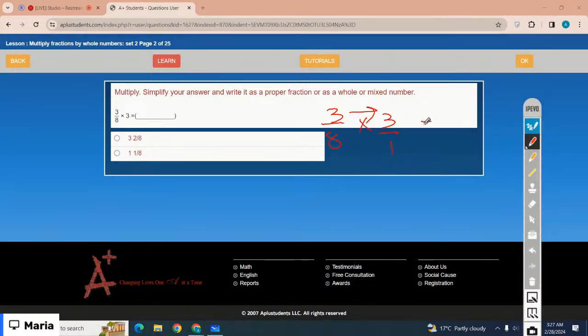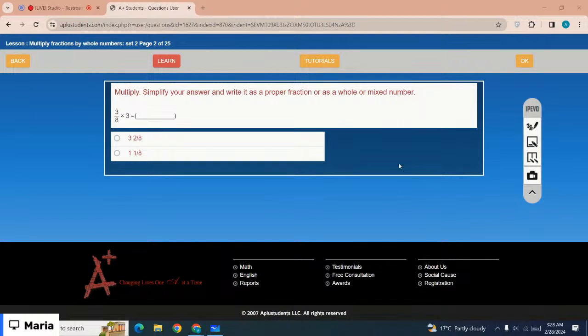So you have to do 3 times 3, that is 9, and 8 times 1 is 8. Now you can divide 9 by 8, right? 8 times 1 is 8. So 9 take away 8 is 1. So the correct option is 1 whole 1 over 8, right? Option number 2 is the correct option. Got it?